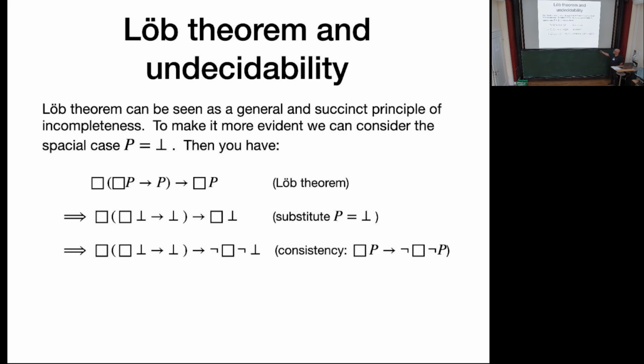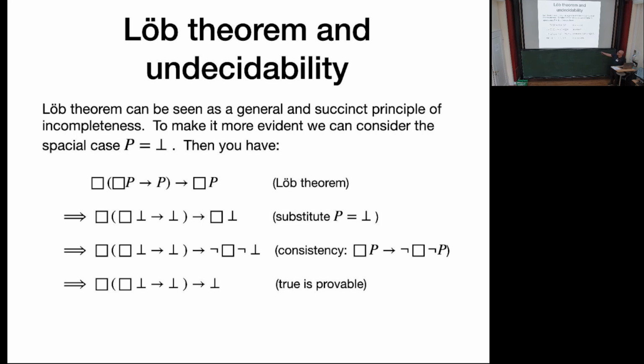Then you use consistency. Consistency can be written like this: box P implies not box not P. Why? Because if you can prove P, and your system is consistent, you cannot prove that P is false, right? And so if you use this with box bottom, you obtain precisely not box not false.